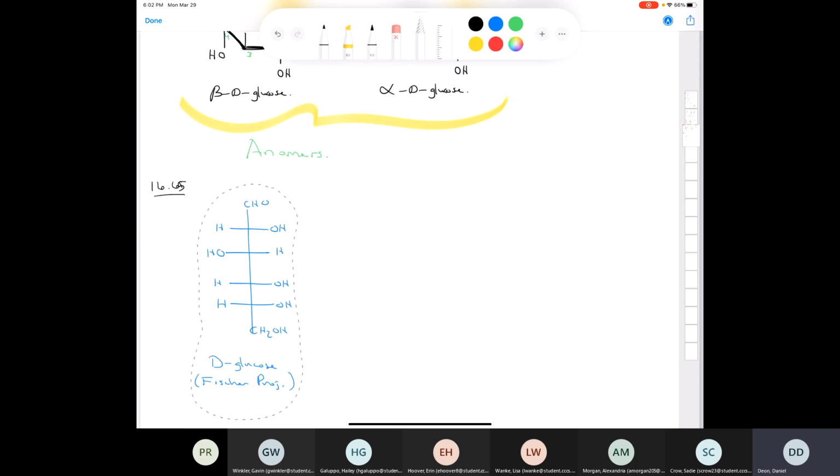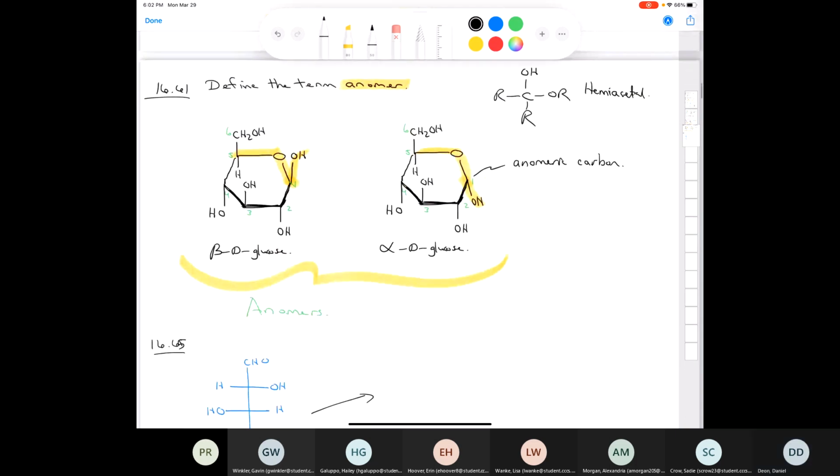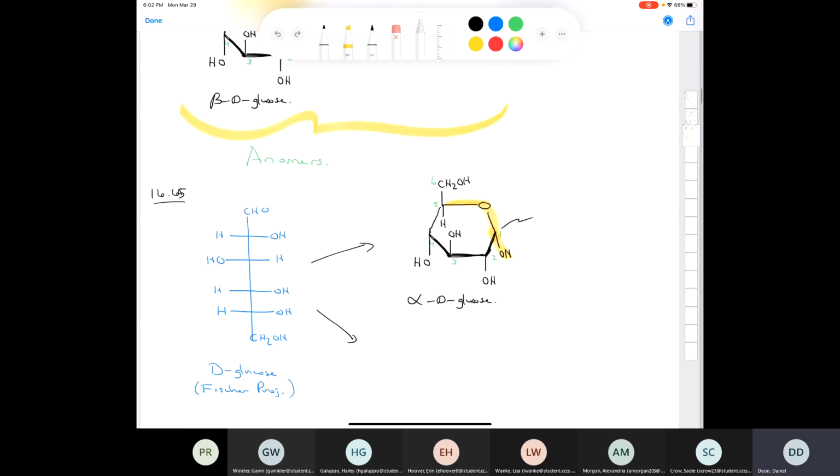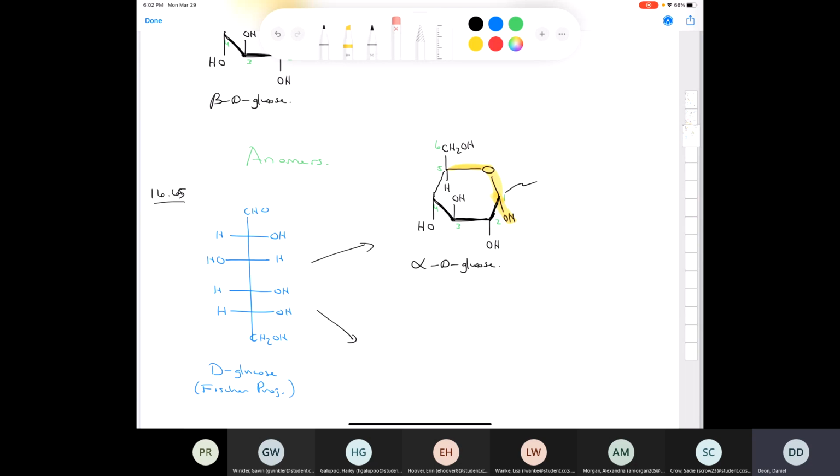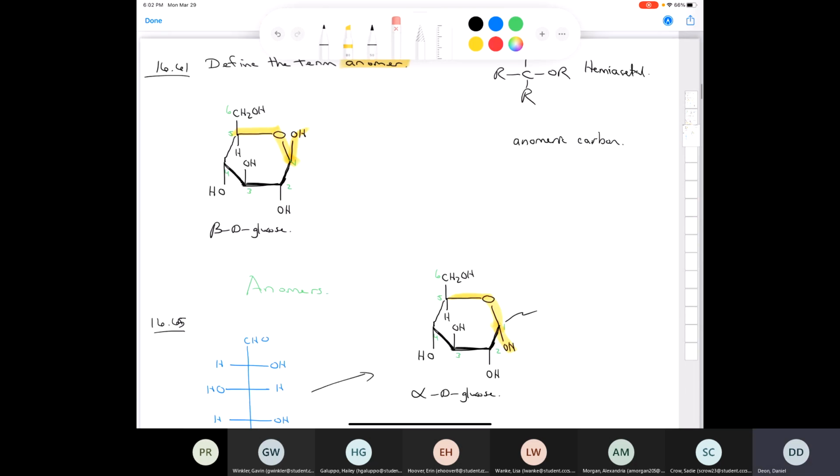There we go. Why is it that when this cyclizes, it can either give me the alpha or the beta? I can end up with the alpha D-glucose. Okay, so I'll just slide it down here. I can end up with this anomer, or I can end up with this anomer.